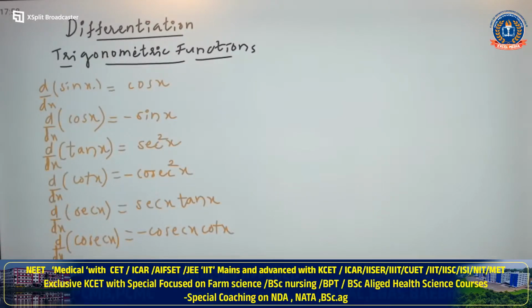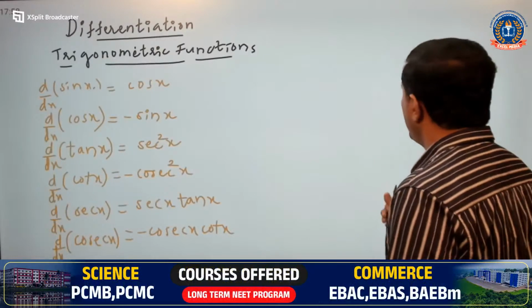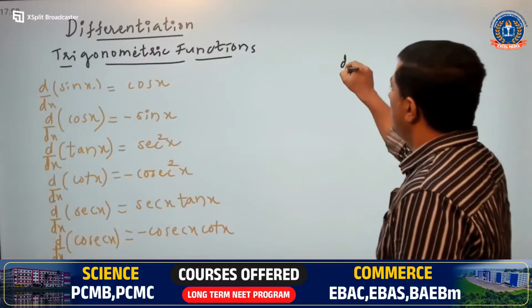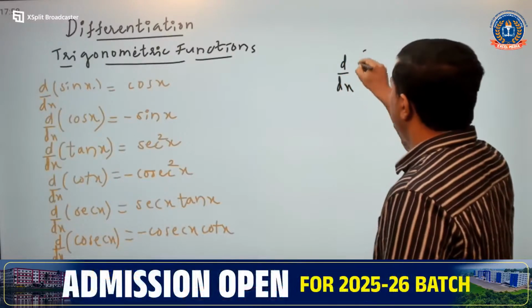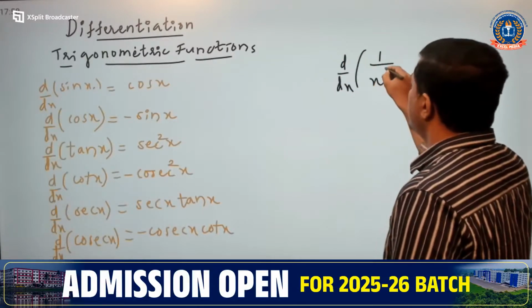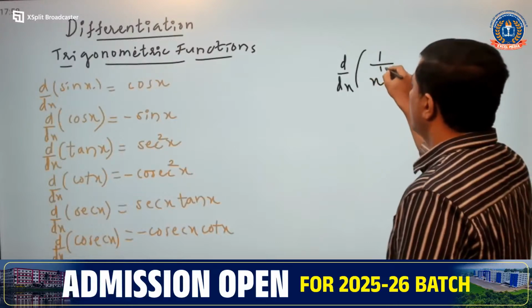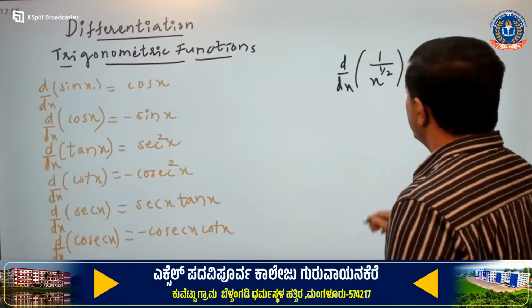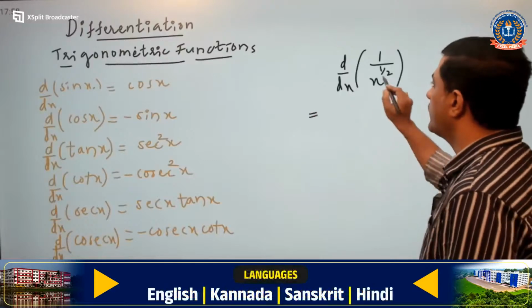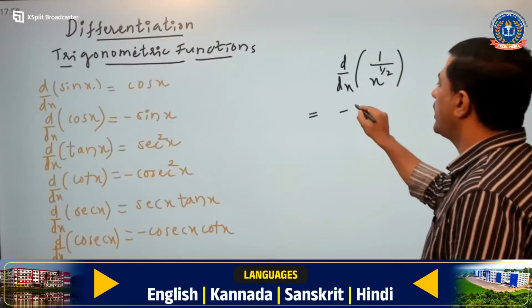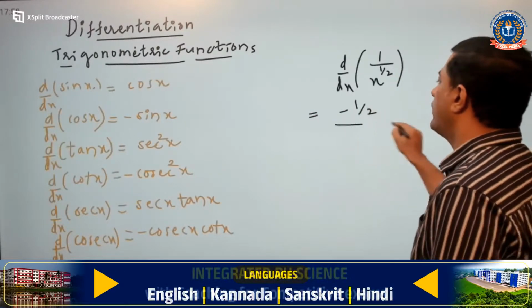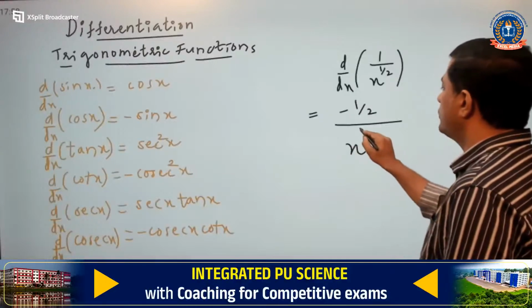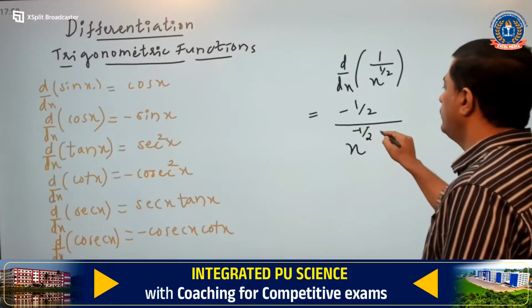Okay, it's not a minus 2. Look at what I have taken. The derivative of 1 by root x, try to understand it properly. The power is minus 1 by 2, divided by x raised to minus 1 by 2 plus 1.